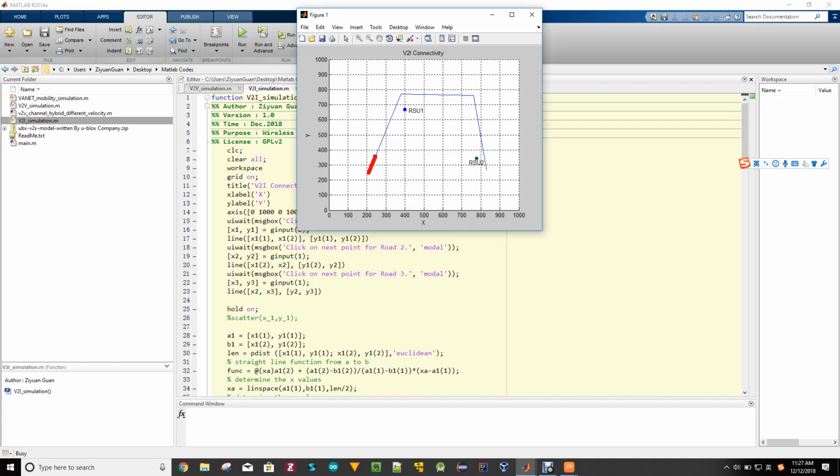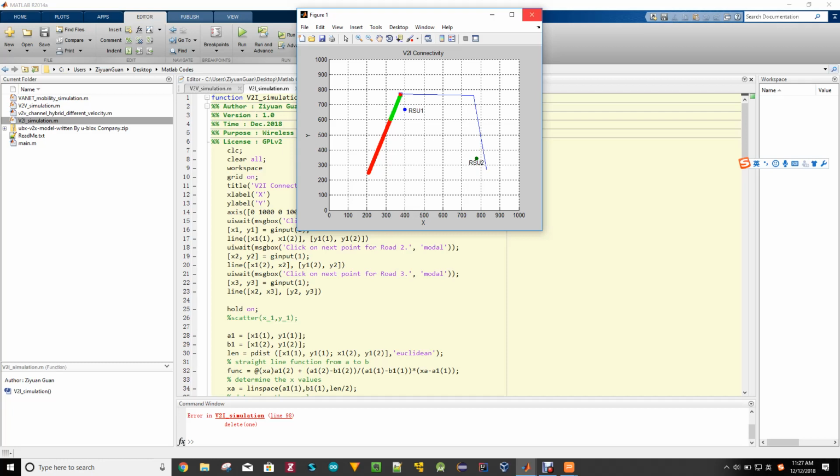We could see this is the track of the vehicle moving. And when it is close to the roadside unit, it has a communication with the first roadside unit. And when it's outside the range, it could stop the communication. But actually, it could not have the communication with the second roadside unit.